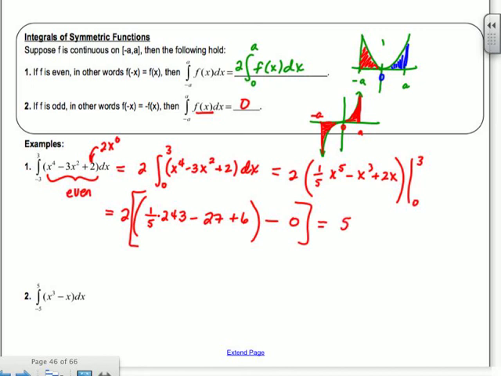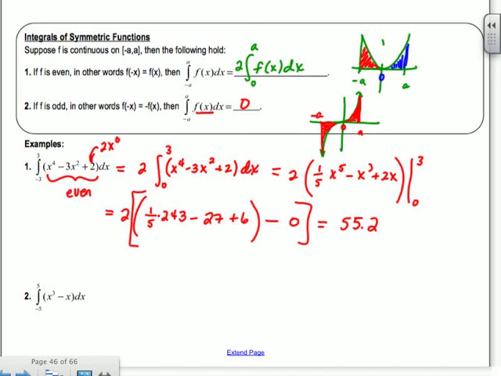Okay, it's symmetric. All right, so what makes that nice is plugging in 0 is always a lot easier than plugging in negative 3. So we get 2 times, when I integrate, it's x to the 5th with a 1/5 out front, minus x to the 3rd, plus 2x, and I'm going from 0 to 3. So I get 2.